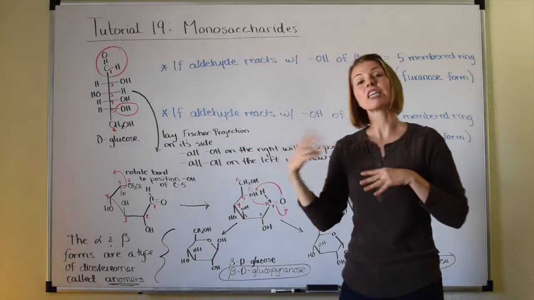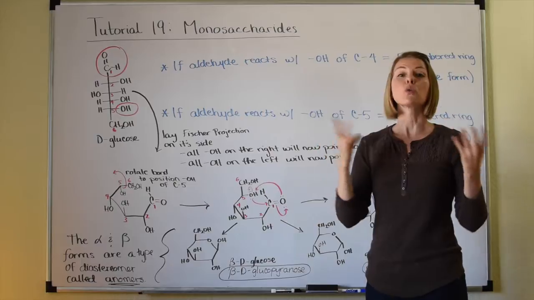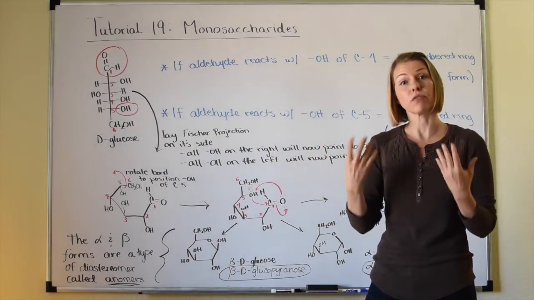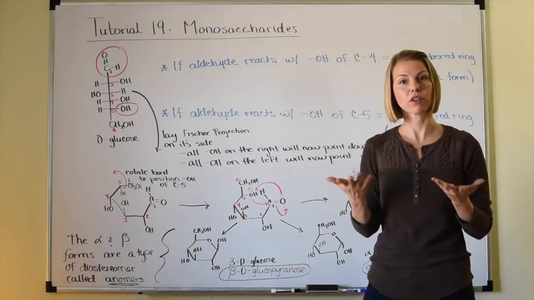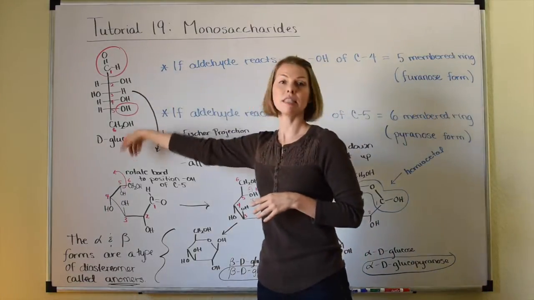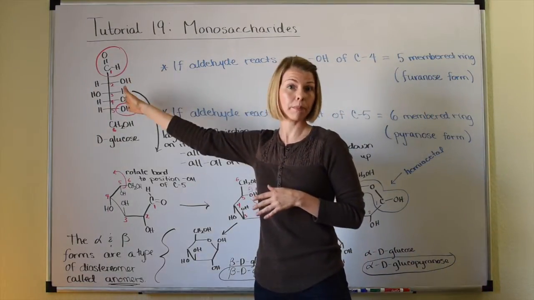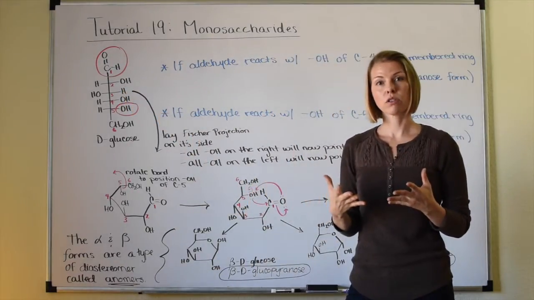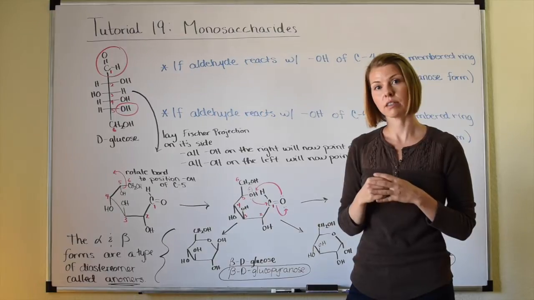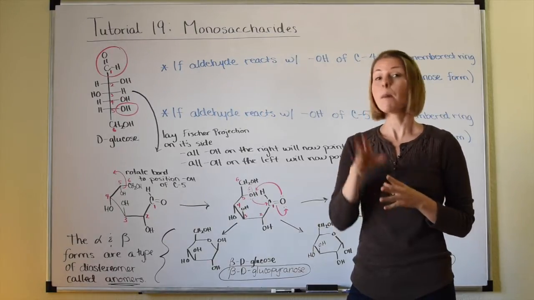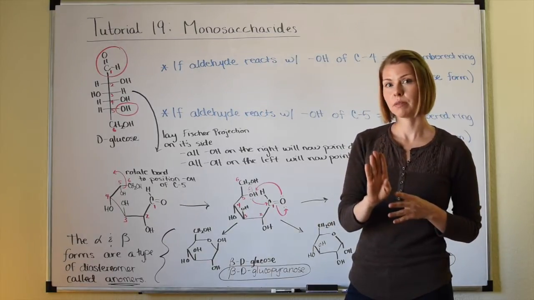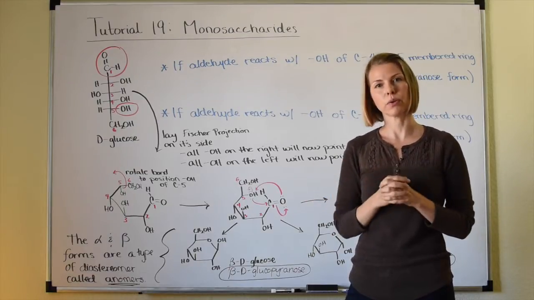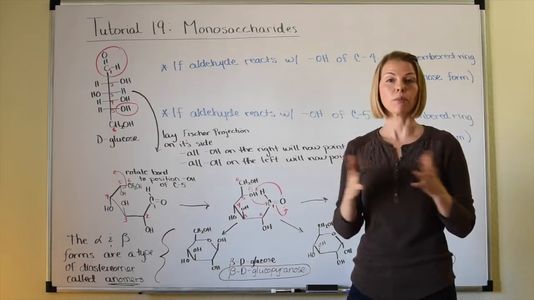And they're found interconverting between the alpha and beta form. In order to interconvert between those two forms, of course, they must go through this open chain form. So you will actually find D-glucose in an aqueous solution in all three of those forms, predominantly the cyclic forms. But to interconvert between the alpha and beta, it has to go through the straight chain form as well.